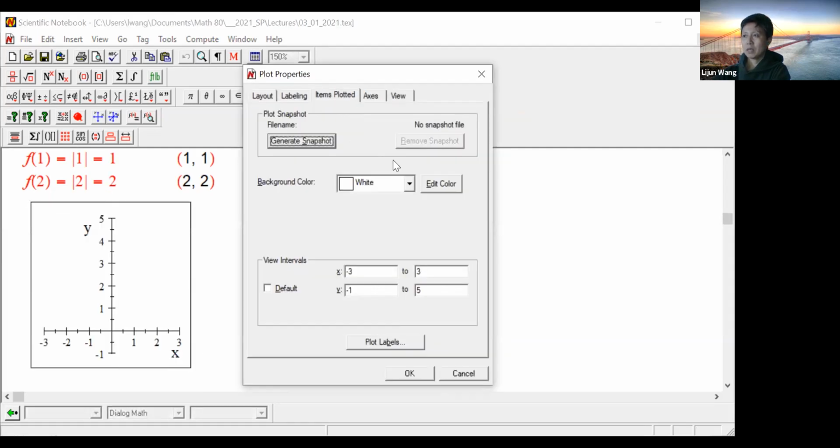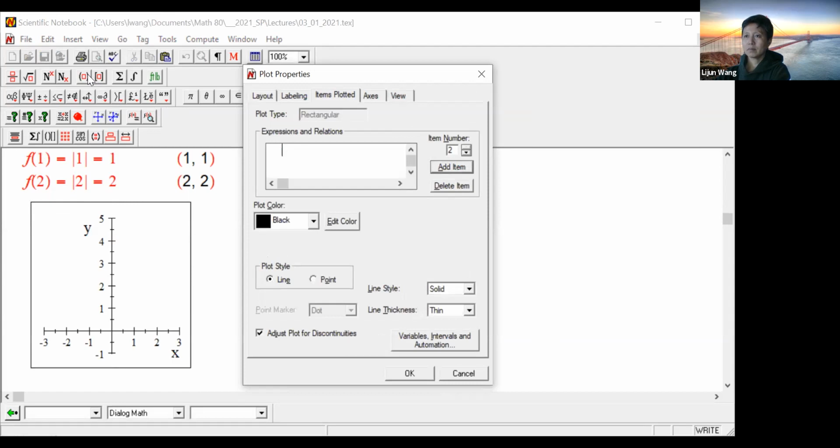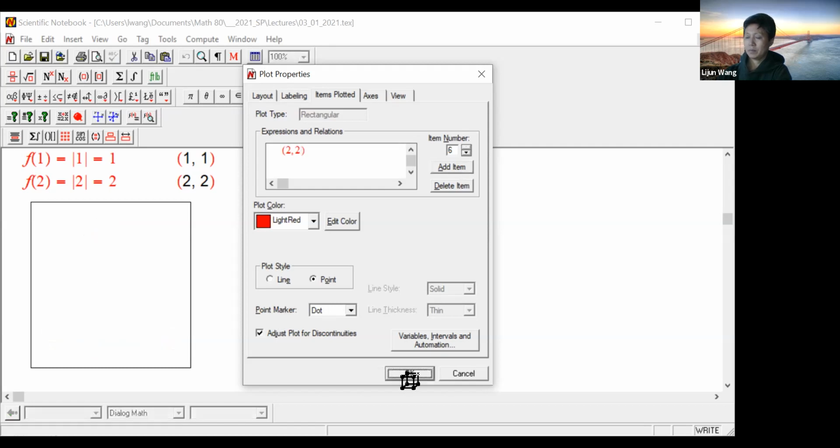Okay. Now we're plotting the points. 5 points to plot. We'll just patiently plot them. Right?